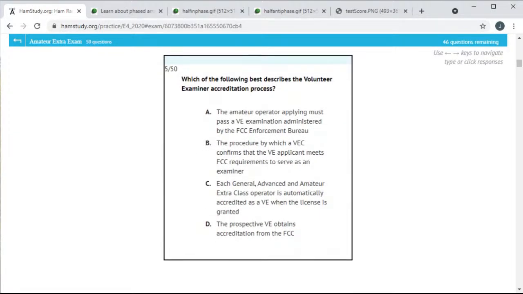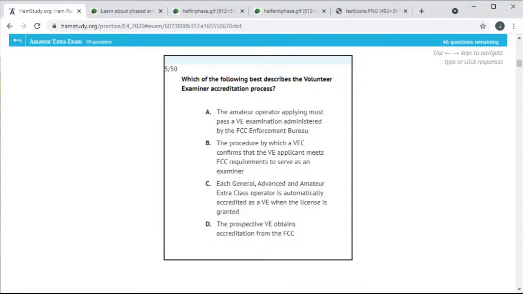Which of the following best describes a volunteer examiner accreditation process? A, the amateur operator applying must pass a VE examination administered by the FCC Enforcement Bureau. B, the procedure by which a VEC confirms that a VE applicant meets FCC requirements to serve as an examiner.